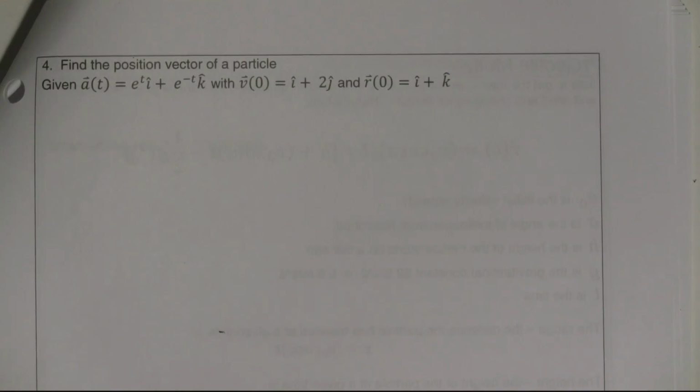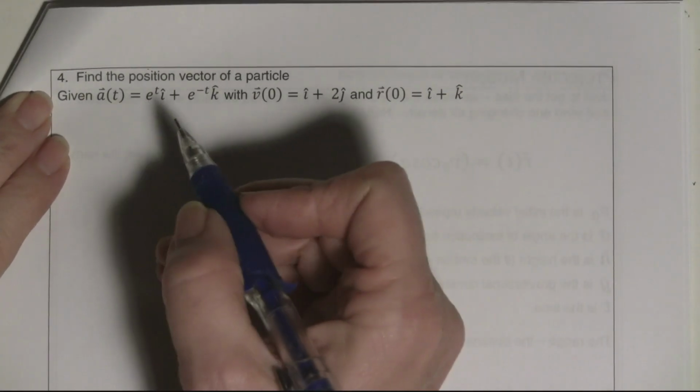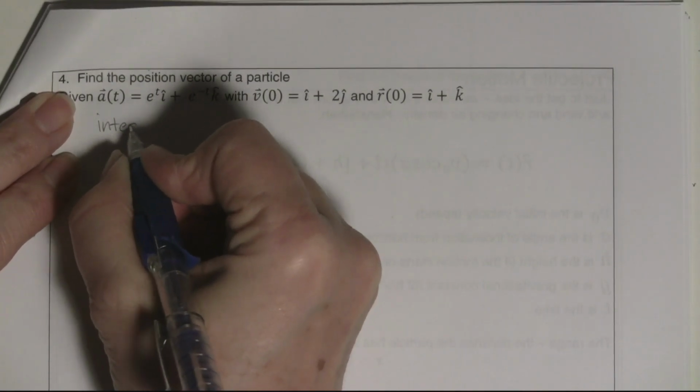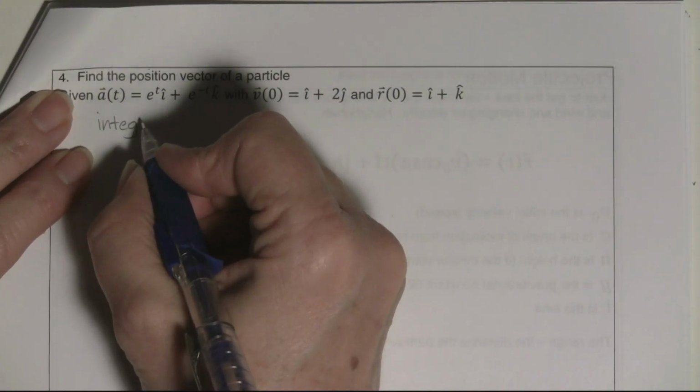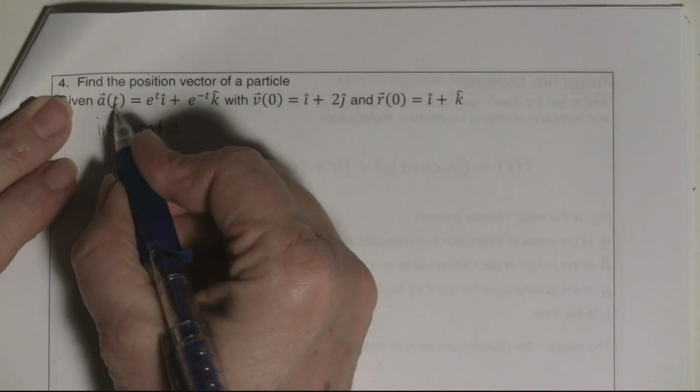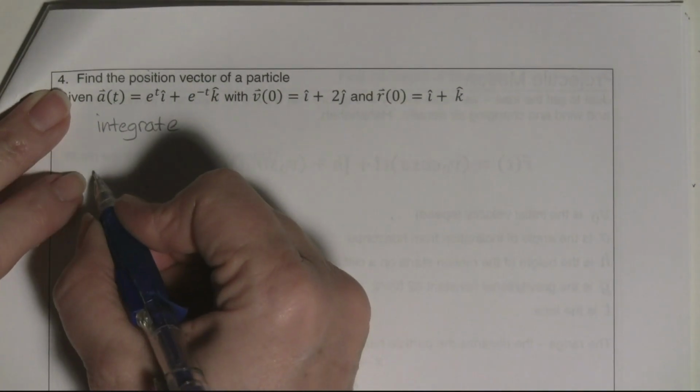It says find the position vector of the particle. And oh, this is one of those initial value problems. So in order to go backwards, I'm going to have to integrate. If I integrate acceleration, you get velocity.